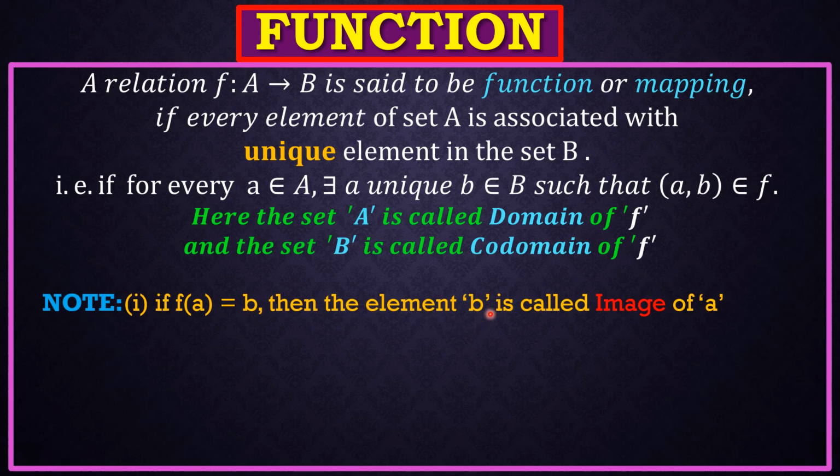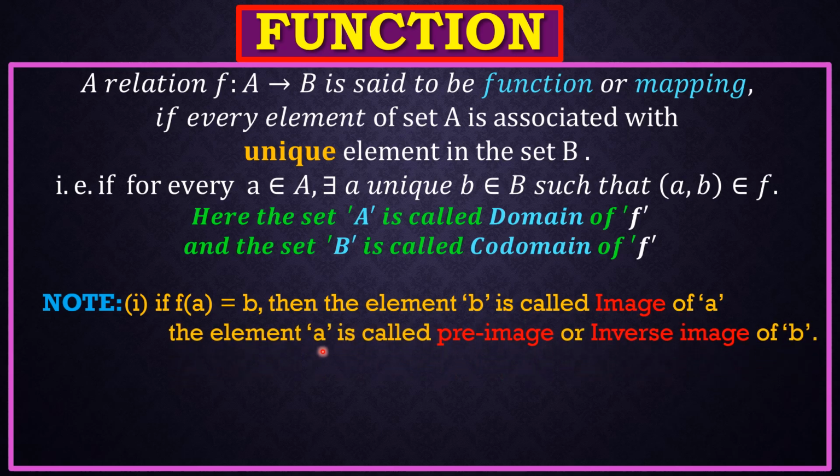Now the element b in the codomain set is called the image of the element a in the domain set A. So f of a equals b, the element b is called the image of a. Conversely, we say that the element a is called the pre-image or inverse image of b.